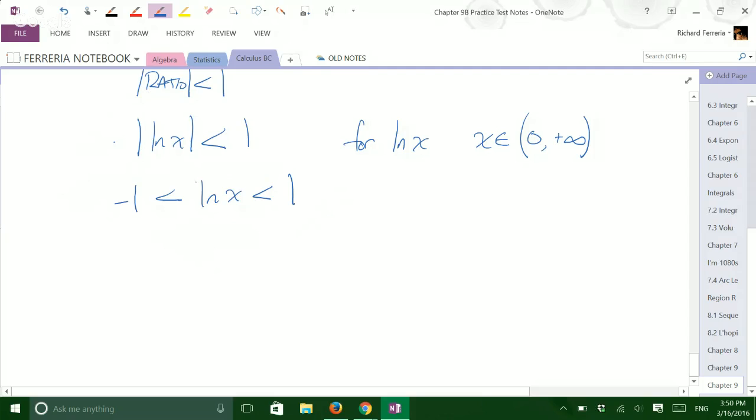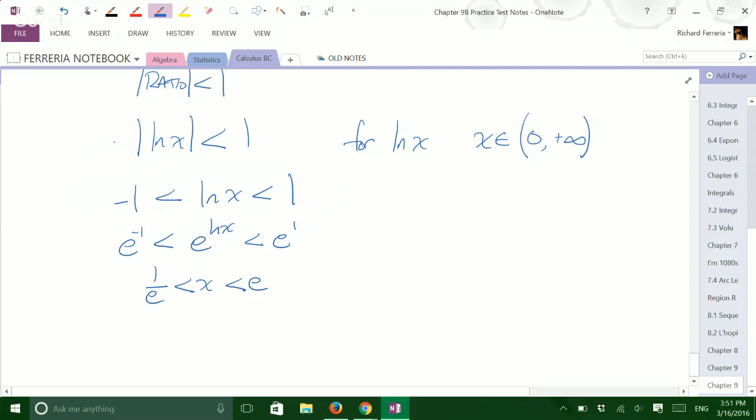Anyways, let's just exponentiate from here. e to the -1 should be less than e to the natural log x, which should be less than e to the 1. And so that tells me that x should be between 1 over e and e. Let's say the natural log of 0.2 is negative 0.6. x can't be negative, but the natural log can be negative.